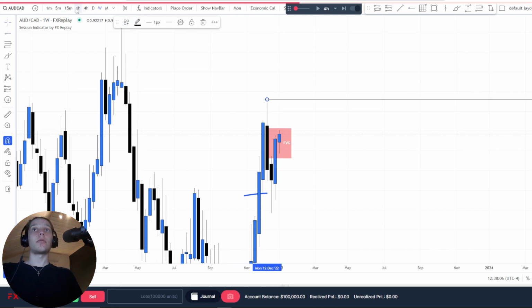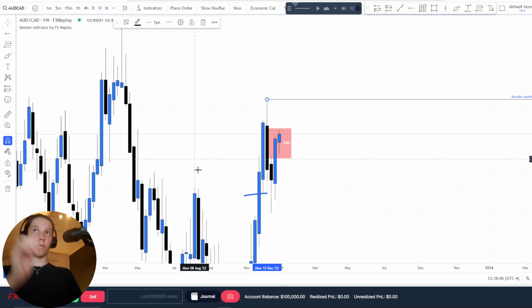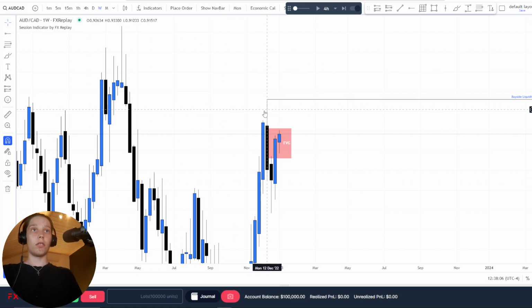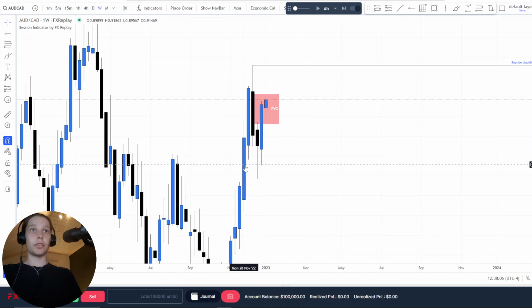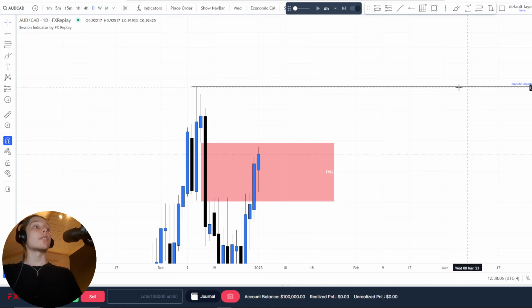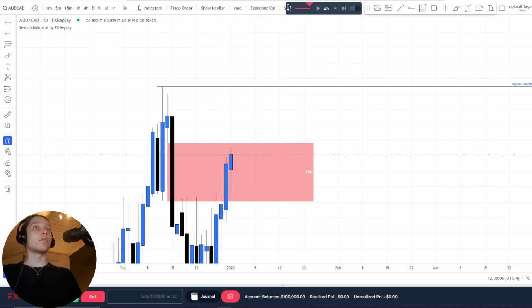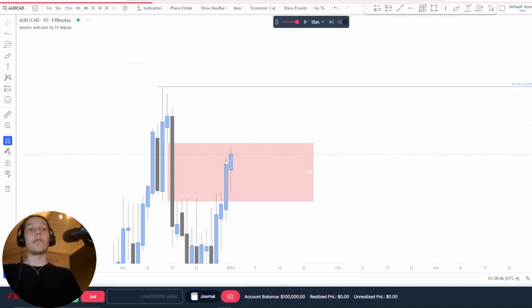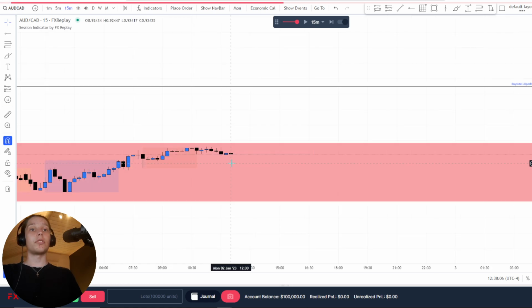That's your buy side. The idea being that we tapped into this fair value gap and rejected away from it, so we are in a bearish daily gap, but that doesn't really mean much for me. We just want to see that gap being flipped.